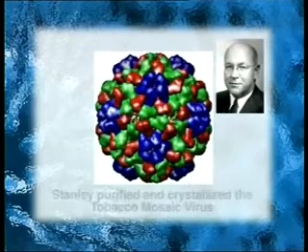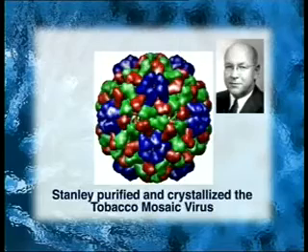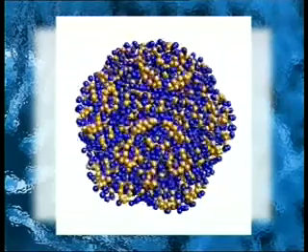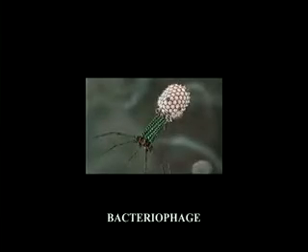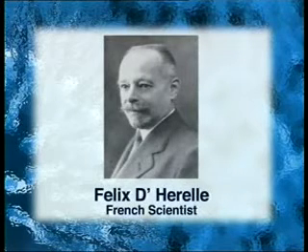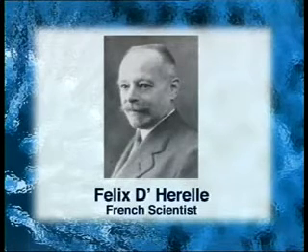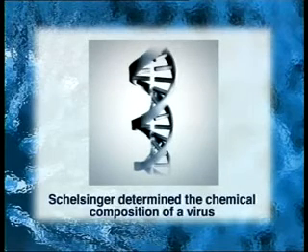And Stanley in 1935 first crystallized the viruses and proved that viruses have both living and non-living attributes, which opened a debate on their nature, whether they are living or non-living or on the borderline of the two. Bacteriophages, that is the viruses which infect bacteria, were first discovered by a French scientist d'Herelle in 1917, while Schlesinger in 1933 first determined the chemical composition of a virus.